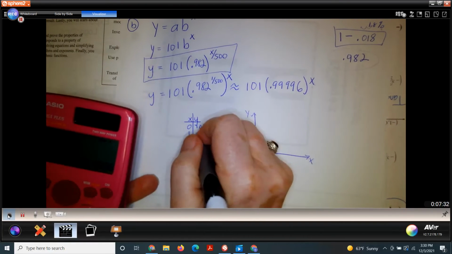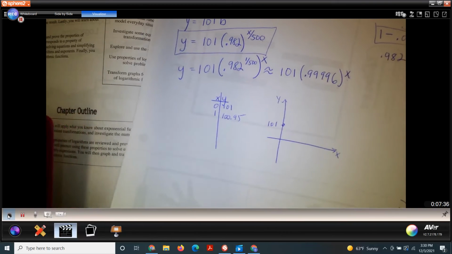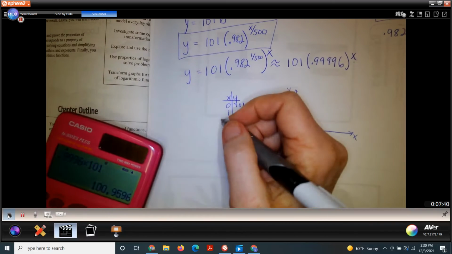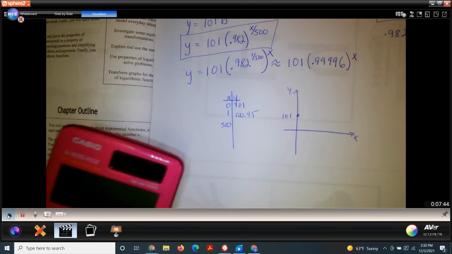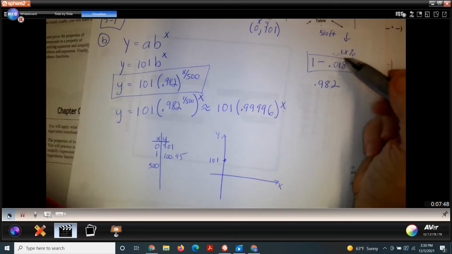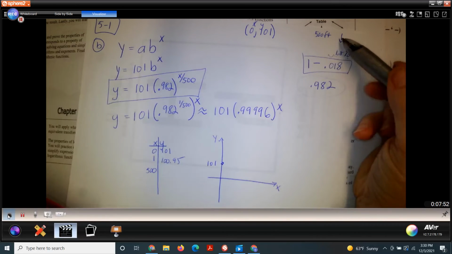And that gives me about 100.95. So maybe I could have let x be 500, because it only goes down by 1.8% every 500 feet.